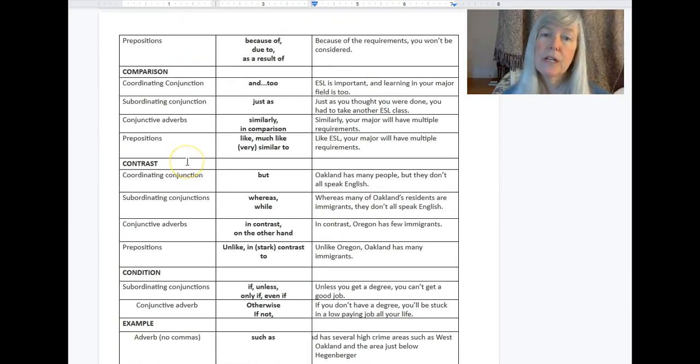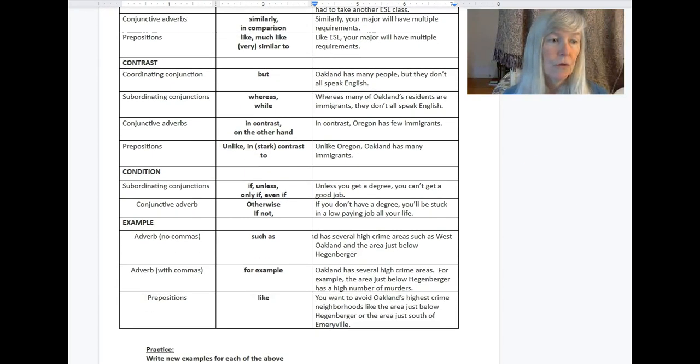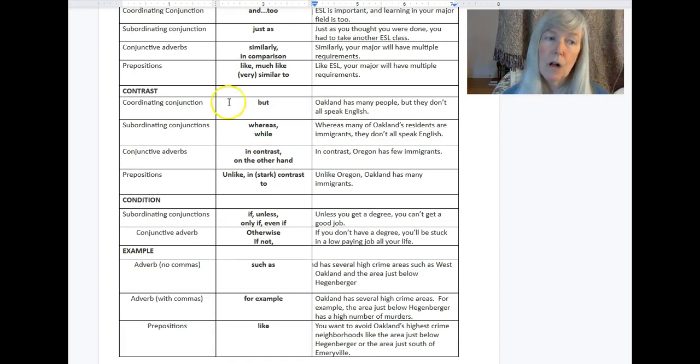Four different ways you can express comparison. Four different ways you can express contrast. Two ways to express conditions. And three ways to express examples. See if you can use all of those different ways to express the same thing.